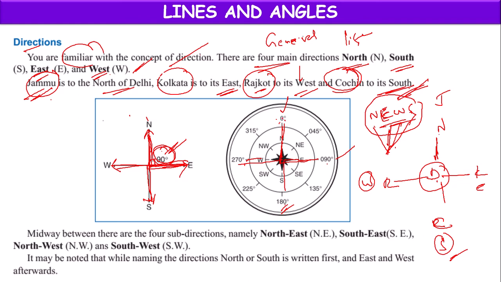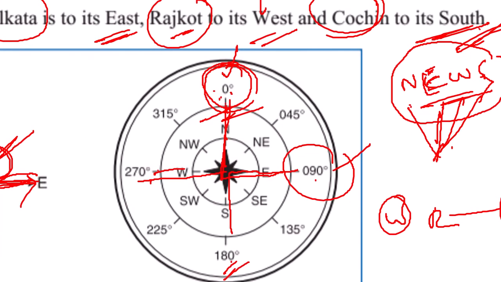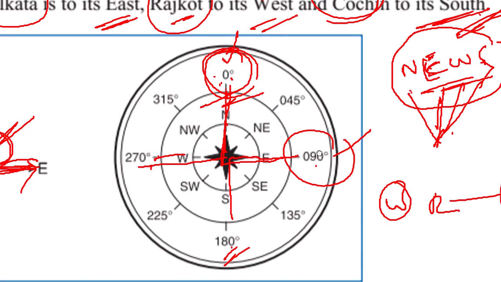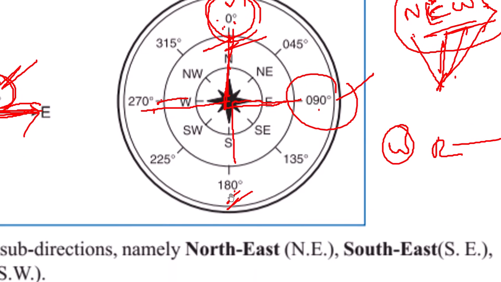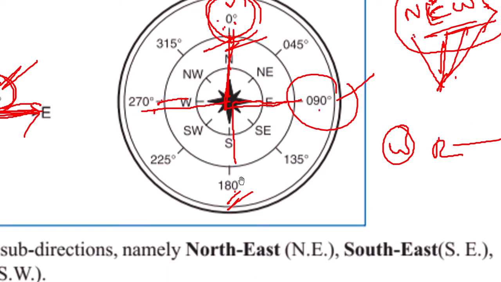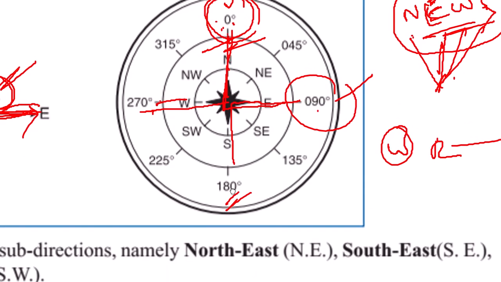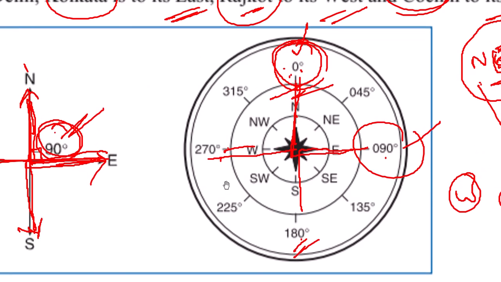In that way, if north is mentioned as 0 degrees, then east will be 90 degrees, south will be 180 degrees, west will be 270 degrees, and north will be 0 degrees, or equivalently 360 degrees.